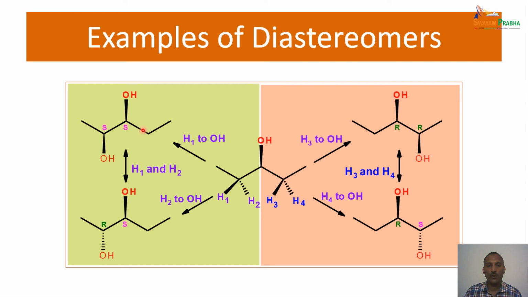In the case of enantiomers, S and S becoming R and R, these two are called enantiomers. But in these two, the first one has the stereogenic centers S, S, and in the other one it becomes S and R. These two are called diastereomers. The same way here, R, R becomes R, S isomers. So these two are also called diastereomers.